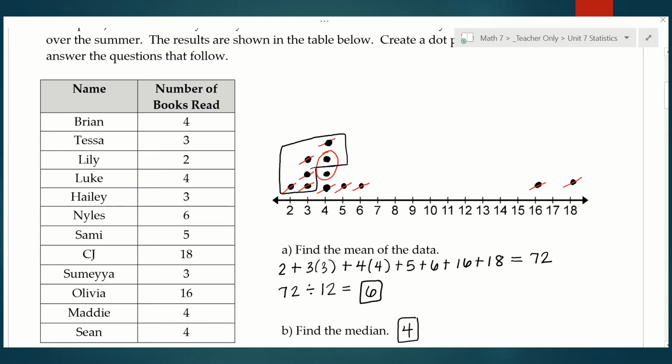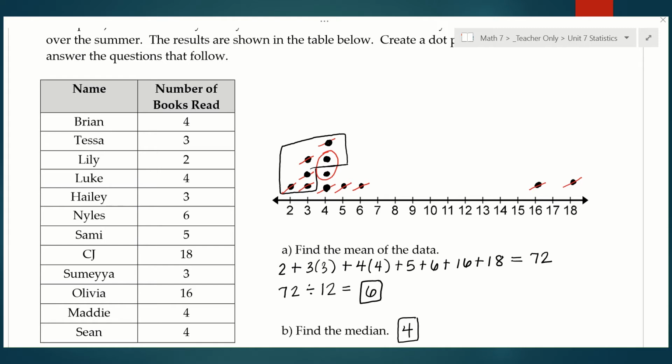Okay, so what you can do to make sure that you've boxed that in correctly is count and make sure you have the same number of dots in the first half as the second half. So 1, 2, 3, 4, 5, 6 dots I have in the first half of my data. 1, 2, 3, 4, 5, 6, and I have 6 dots in the second half of my data. So I know that I've split this in half correctly.